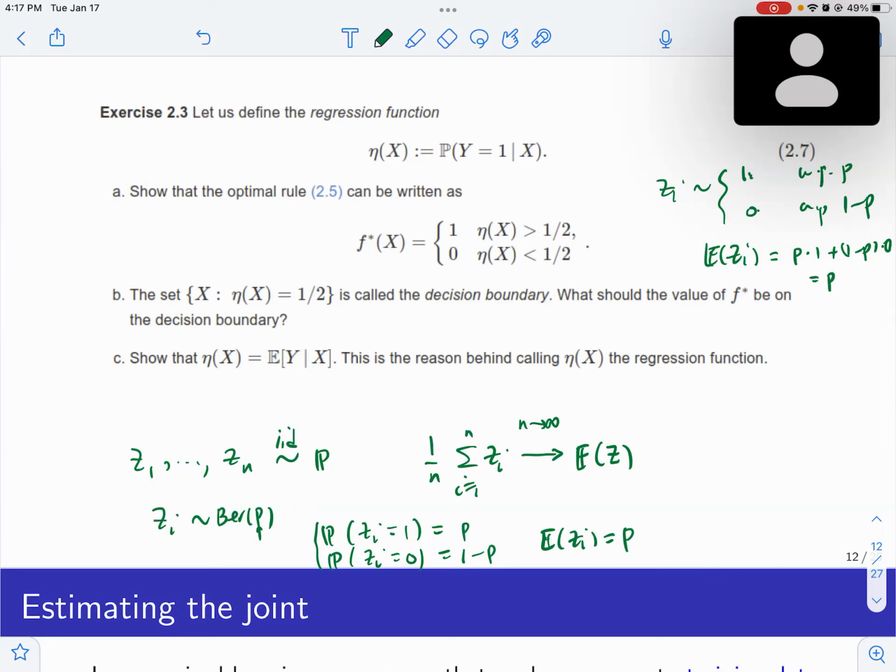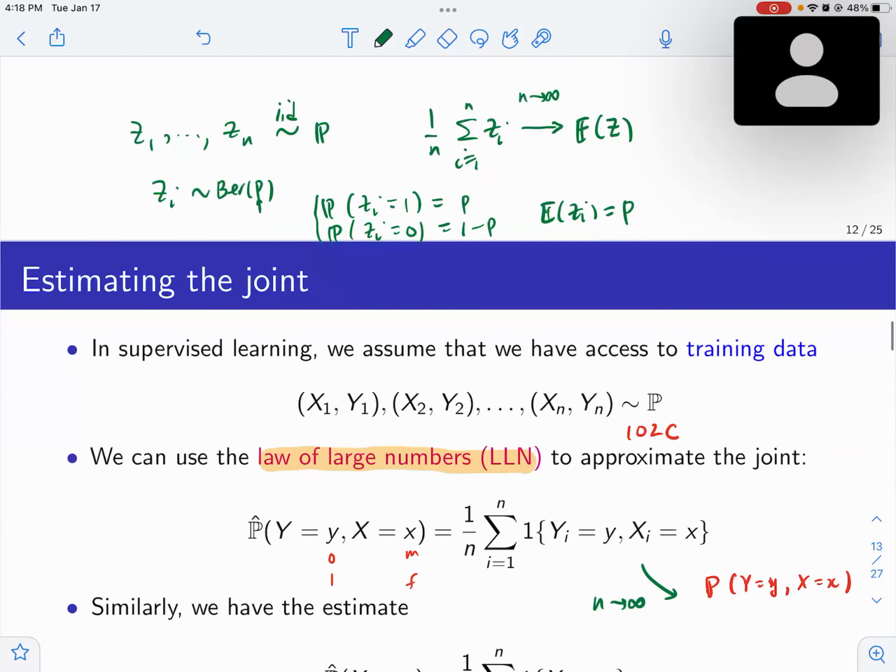You get p. Okay. So you can see the connection between expectations and probabilities for a Bernoulli variable, which is a binary variable. The probability of it being 1 is just its expectation. That's by definition. Now, can you see the connection here? Can anyone tell me why I'm saying that this converges to this by the law of large numbers?